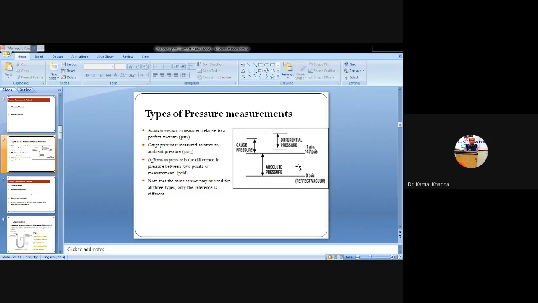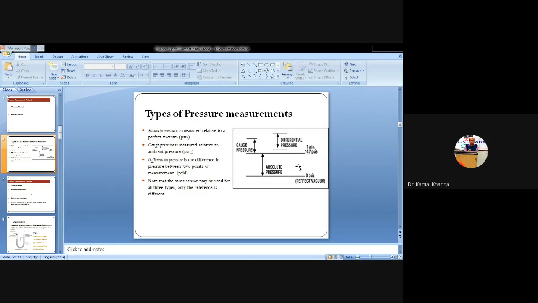I have taken an example of A to B and C to D, where two pipes are operating at different pressures and you are measuring the difference of the pressure. Let us say the pressure of the fluid flowing from point A to B is 5 Newton per meter square, that is 5 pascals. And in the second pipe, where the fluid is flowing from point C to D, we have a pressure of 8 pascals or 8 Newton per meter square.